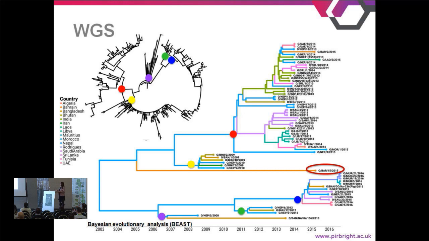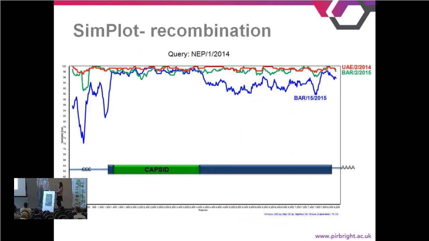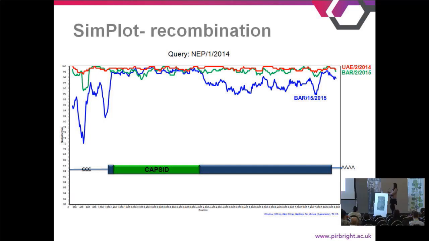This is indicative of recombination events, and indeed we have performed some data using simplot analysis, in which we used 3 different viruses, 2 Bahrains, and 1 virus from UAE. When these are compared, it shows that the capsid coding region is highly conserved between the 3 viruses.